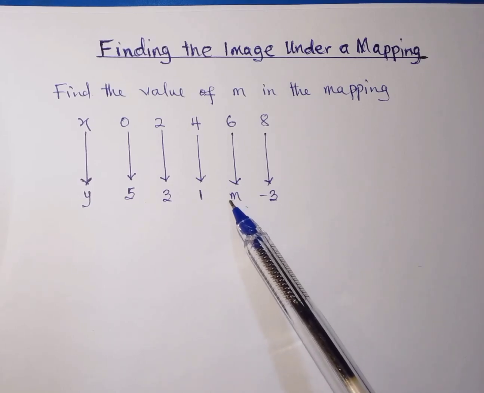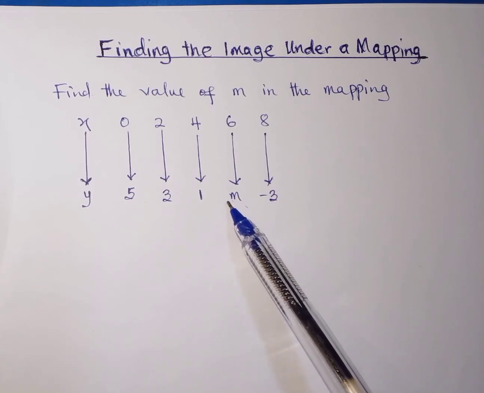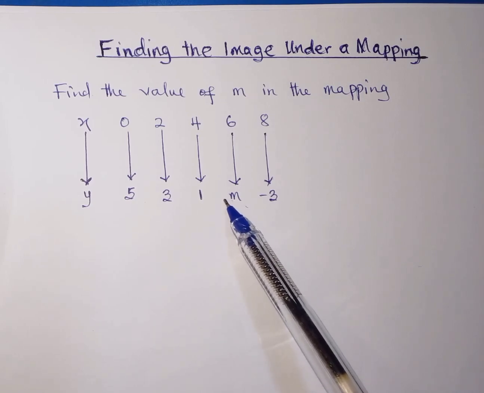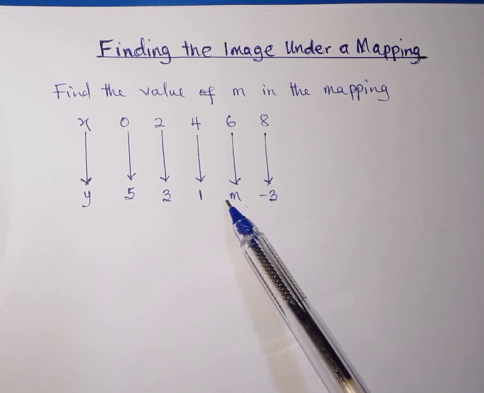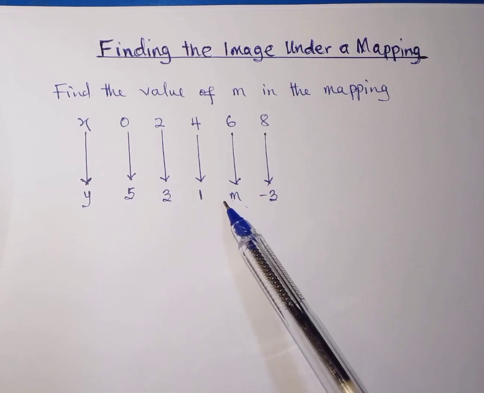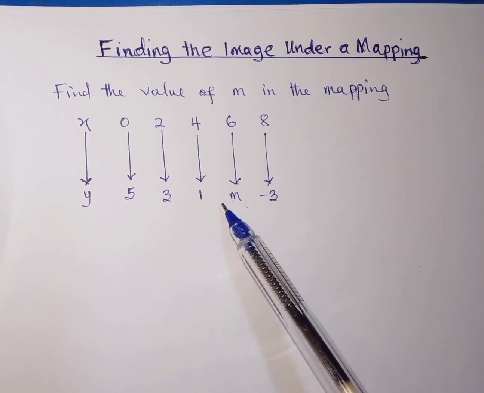Anytime you have such questions, what you do is first of all find the rule of the given mapping. In our previous lessons, we looked at how to find the rule of a linear mapping, exponential mapping, and quadratic mapping.